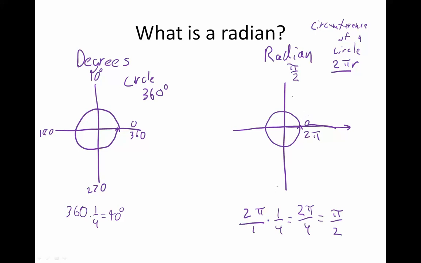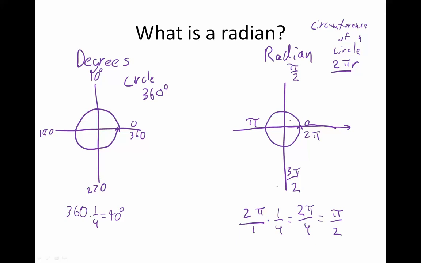So this one's pi halves, but then the 180 would be pi halves plus pi halves, which makes pi. And then this one down here would be another pi halves, which would be 3 pi halves. So the whole thing is broken up as a fraction of 2 pi, and all of these angles in between are some fraction of 2 pi. So that's what a radian is.